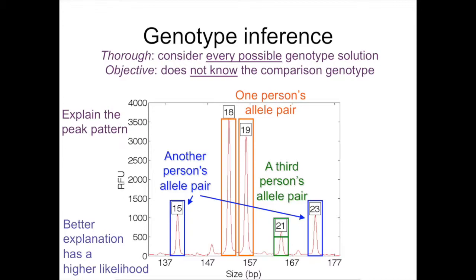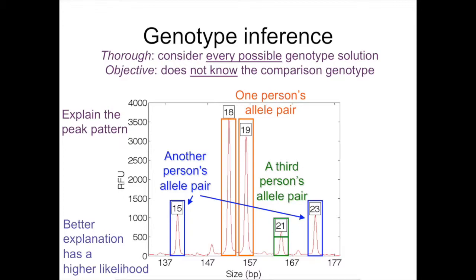In orange, we're seeing for that major contributor, the computer is proposing an 18-19 allele pair. And then in blue, it's proposing another person being a 15-23. And in green, you can see that there's that 3rd minor component that the computer is proposing to be a 21-21. And as you can see, these colored boxes roughly fit the overall pattern of the data, and therefore this is a good explanation of the data, which receives a higher likelihood.